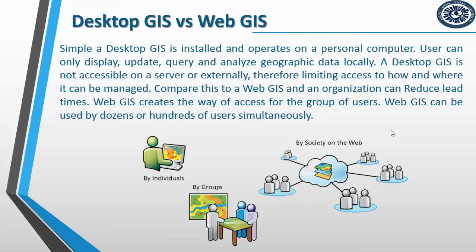A desktop GIS is not accessible on a server or externally, therefore limiting how and where it can be managed. Compare this to a WebGIS, and an organization can reduce lead times. WebGIS creates a way of access for a group of users. WebGIS can be used by dozens or hundreds of users simultaneously.